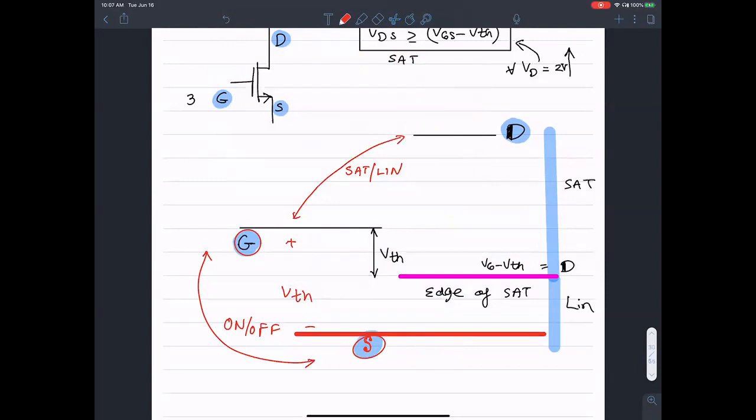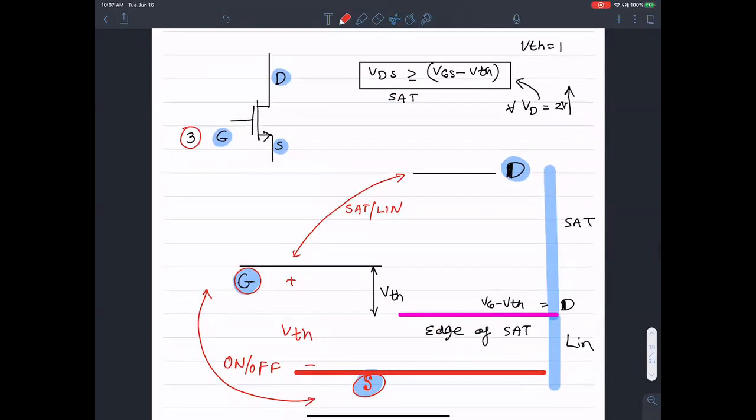If the gate is 3 and the threshold voltage is 1, then the source voltage should be at the most 2 or below. For all source voltages below 2 volts, this MOSFET is going to be on. The gate should be higher than the source by at least one threshold voltage. Questions please, questions so far.